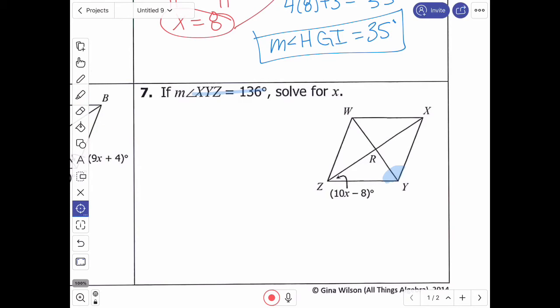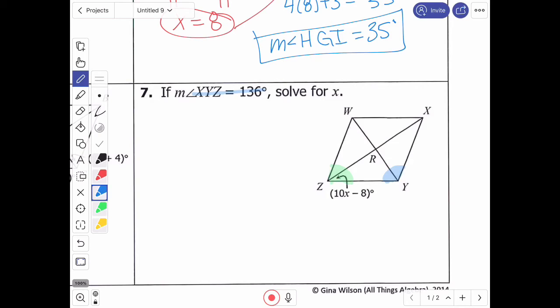One of the big properties of parallelograms is that the consecutive angles are supplementary. So I'm going to think about this as one angle inside the parallelogram. Even though it's a rhombus, it's still considered a parallelogram. And then this green angle, if I were to find this whole green angle, those should be consecutive angles, meaning they should add up to 180.